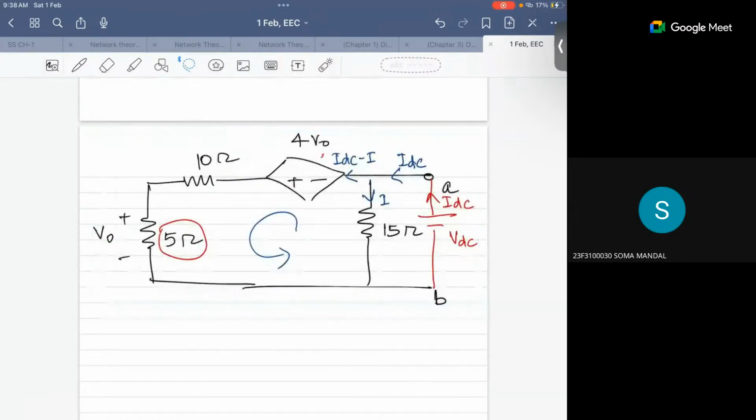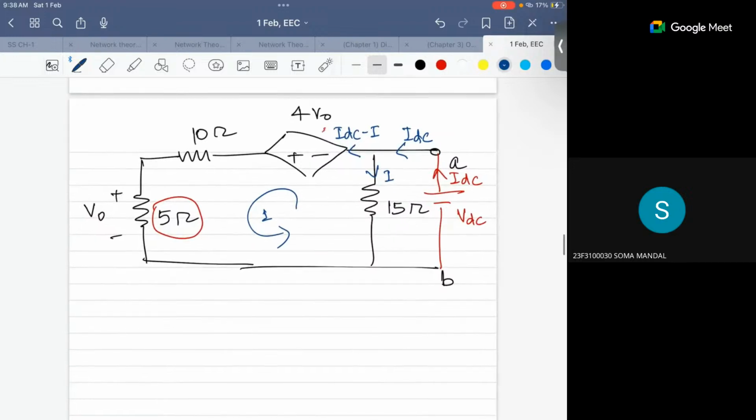In the first loop, we'll use KVL. We are going from here like this, then coming here, and then again going here, so the voltage drop in the whole loop will be 0.